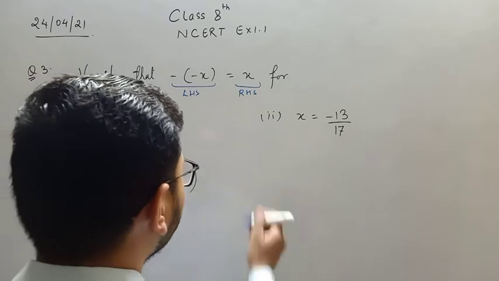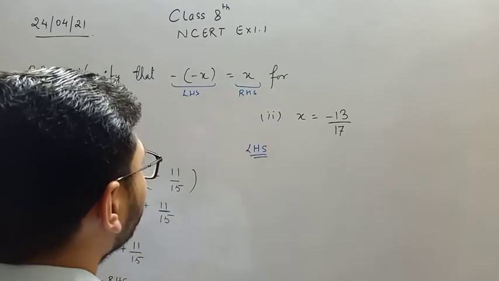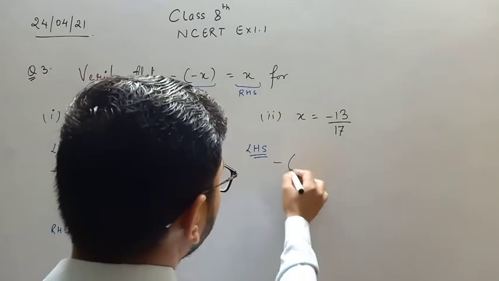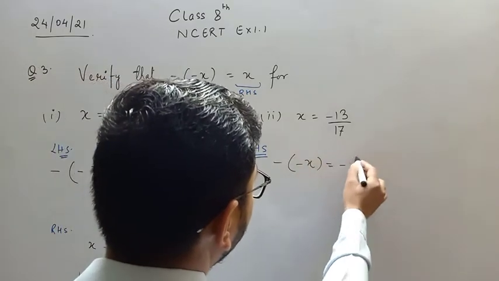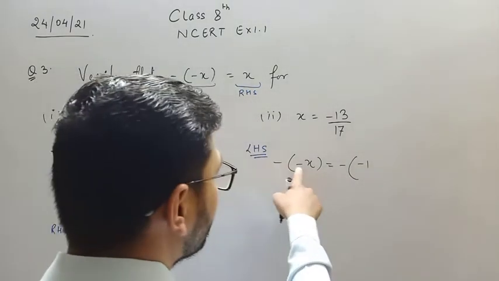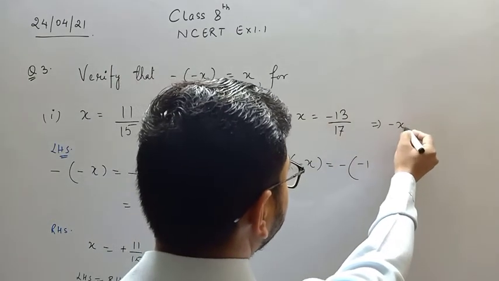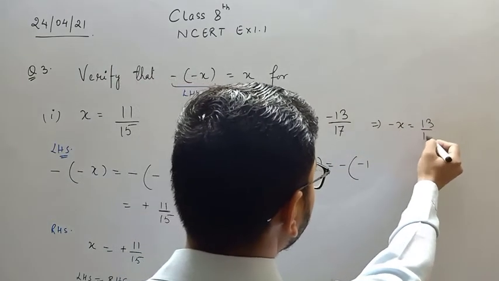So first I'll take LHS. What you have in LHS? Minus of minus x. So minus x can be written as plus 13 upon 17, right?